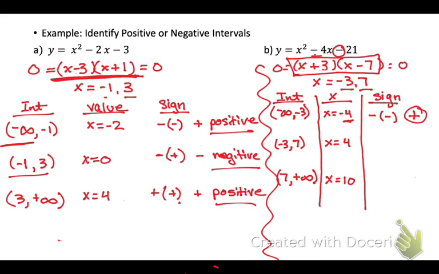Okay, so 4. 4 plus 3, positive. 4 minus 7. So a positive times a negative is a negative. 10. 10 plus 3, 10 minus 7, and the whole thing is going to be positive.